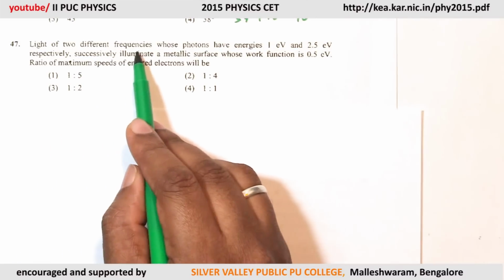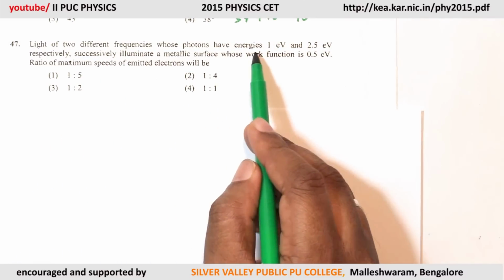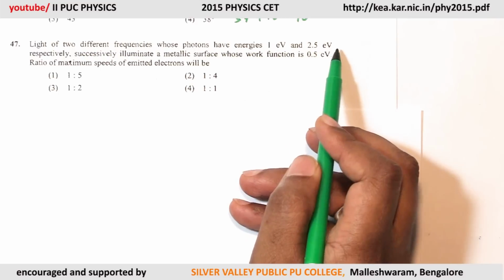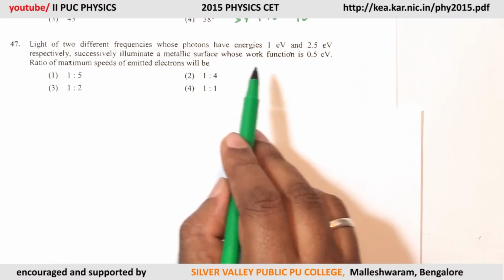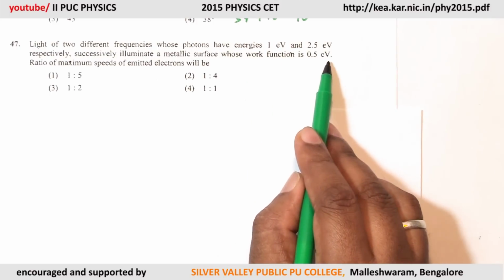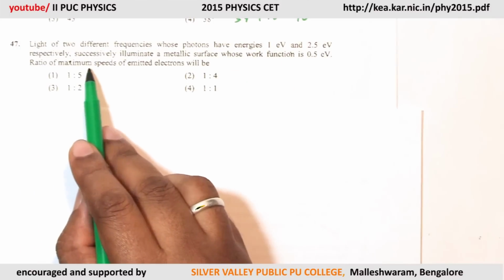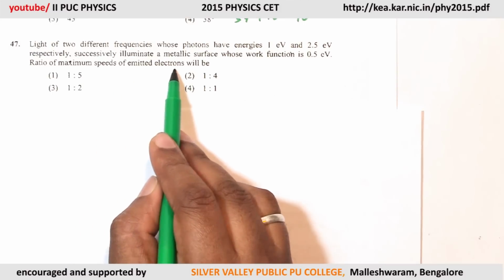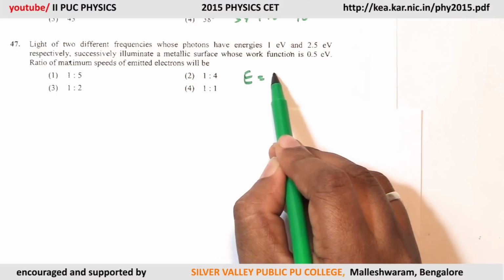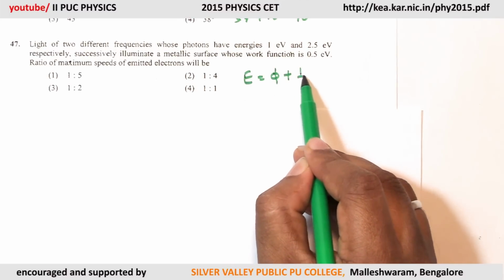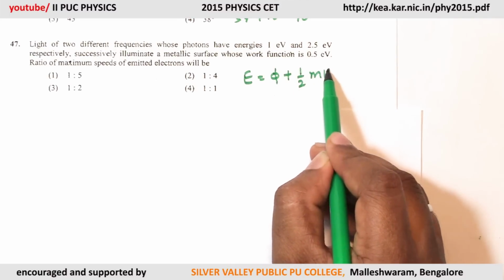Light of two different frequencies whose photons have energies 1 eV and 2.5 eV respectively successively illuminate a metallic surface whose work function is 0.5. The ratio of maximum speeds of emitted electrons will be: energy equals work function plus kinetic energy, which is half m v square.